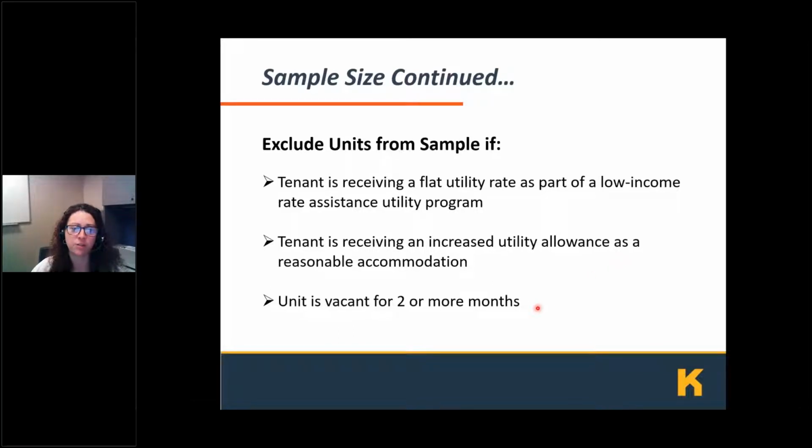And lastly, I touched on this earlier, if a unit is vacant or has been vacant for 2 or more months, you cannot include it in your sample. This is designed so that we have the most accurate numbers and usage that we possibly can, because this is directly affecting your tenants and it's for their benefit.